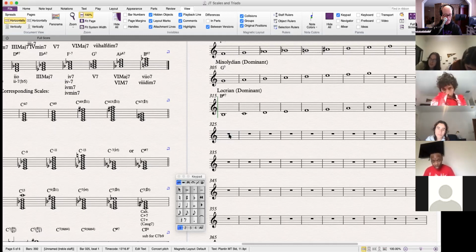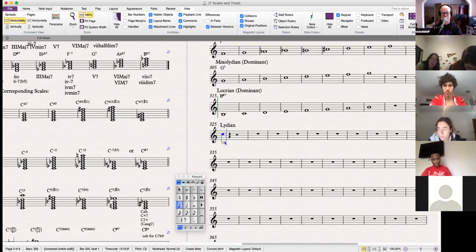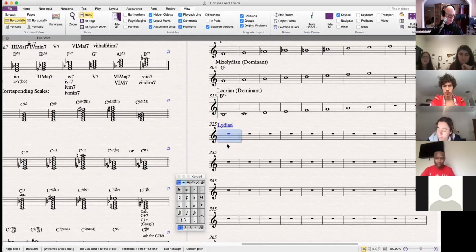So the first one is just the major scale. We won't do that one, but now let's do the Lydian mode. So staying in the, actually, let's do C on this one. So the Lydian mode is the fourth, right? Lydian is the fourth of a major scale.